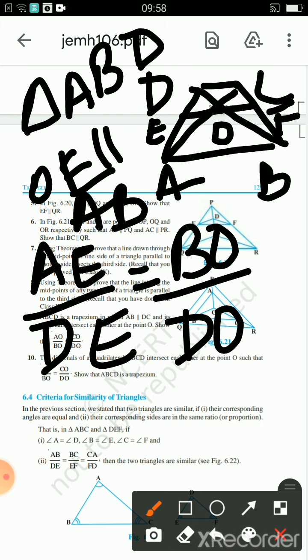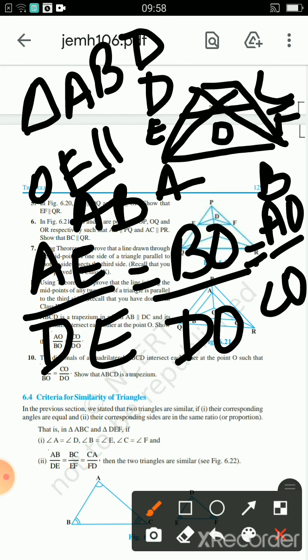From the previous result, you got AE upon DE equal to AO upon CO, and from this result you got AE upon DE is equal to BO upon DO.